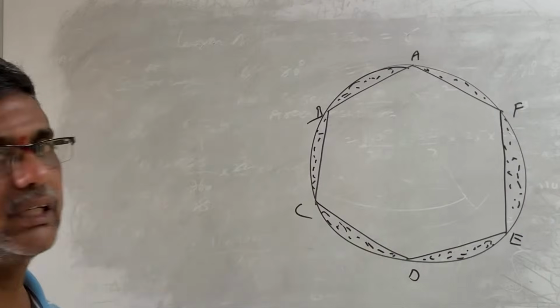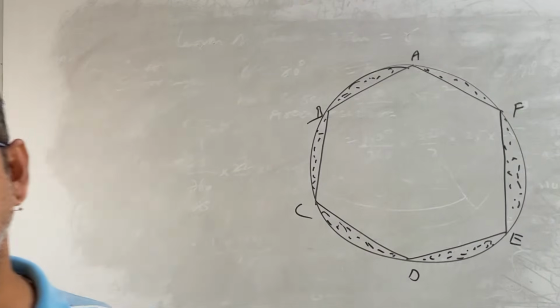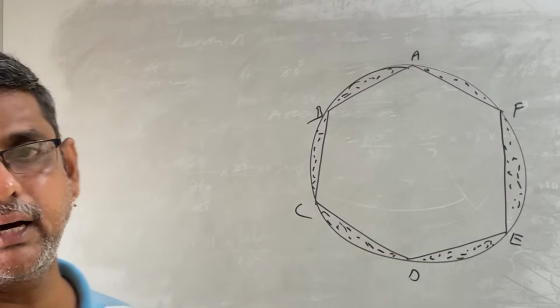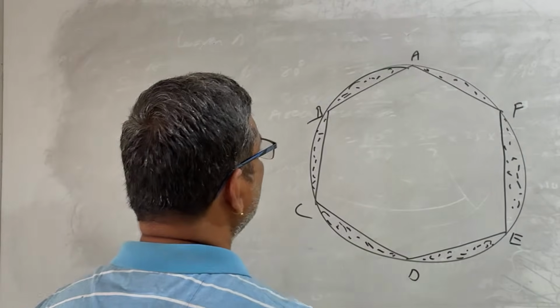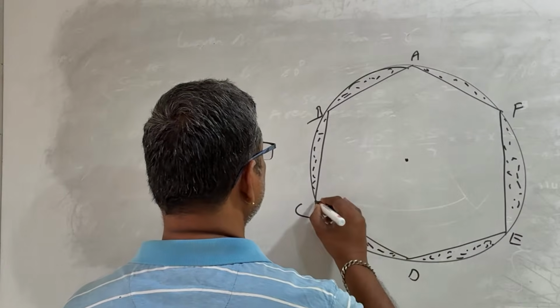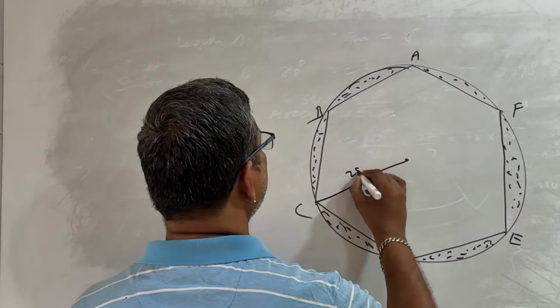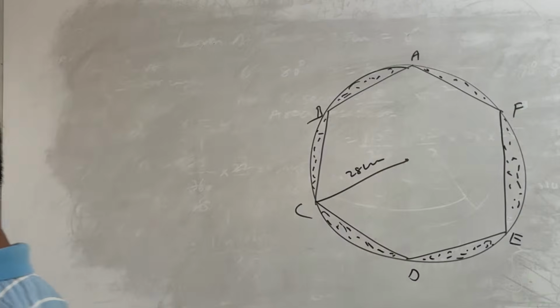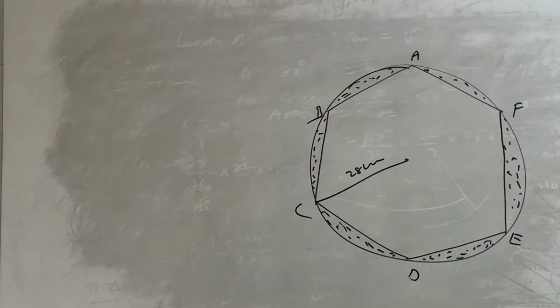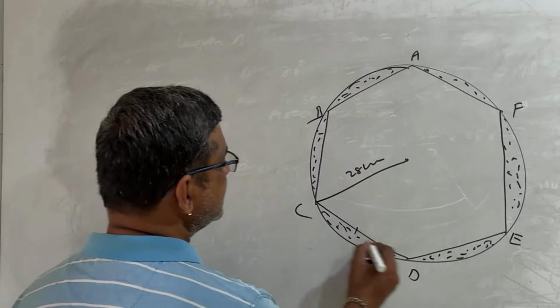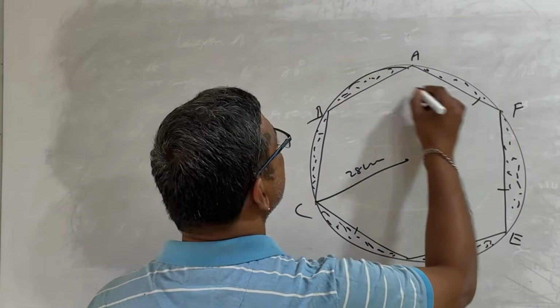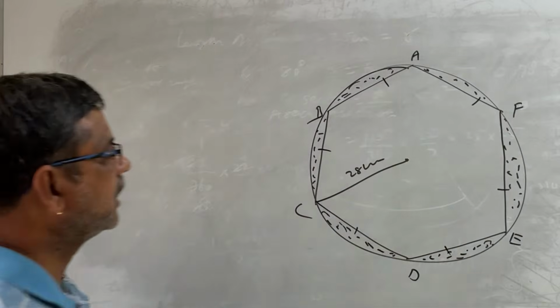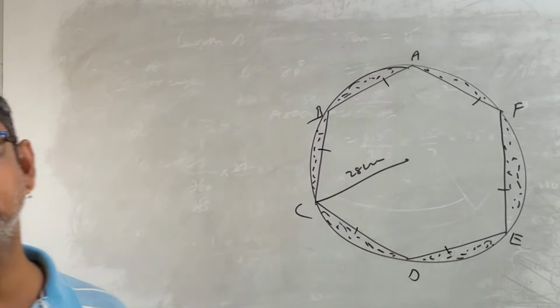And we need to find out the shaded part area. The radius of the circular cover is given as 28 centimeters. We need to find out the shaded region area. Since all these sides are equal, they will make equal angles at the center.